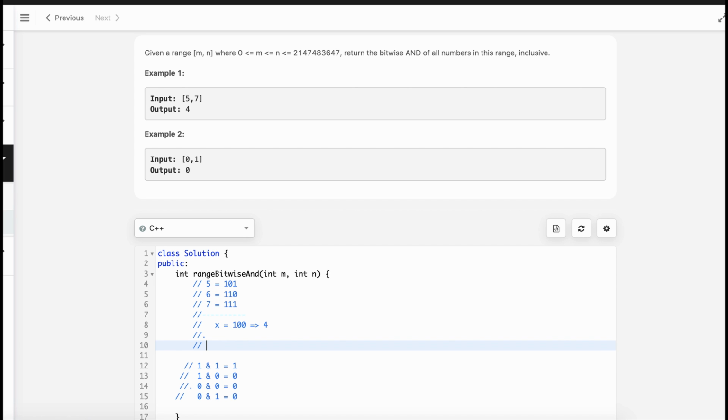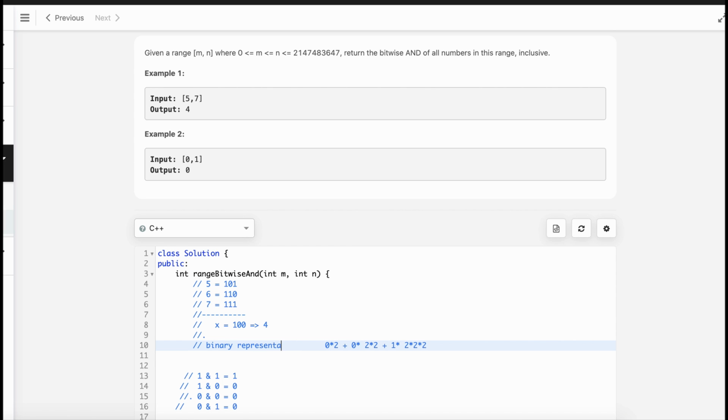Also, we can say that this is formed by this position multiplied by 2, and this position multiplied by 2 into 2, and the next multiplied by 2 into 2 into 2. This is why binary representation works.